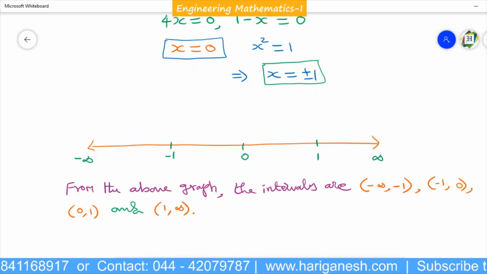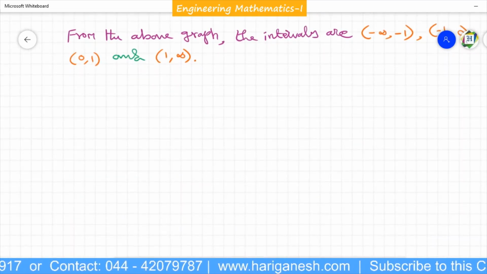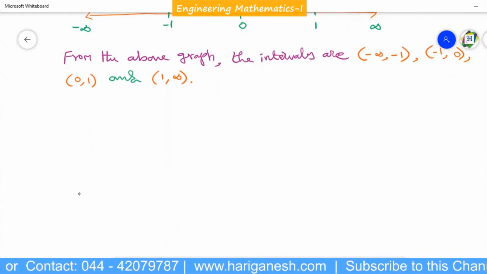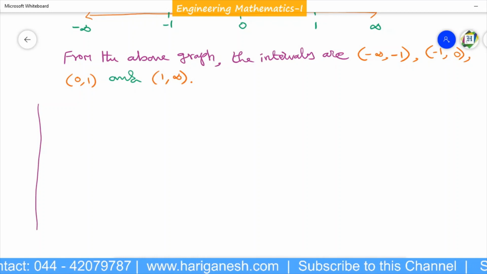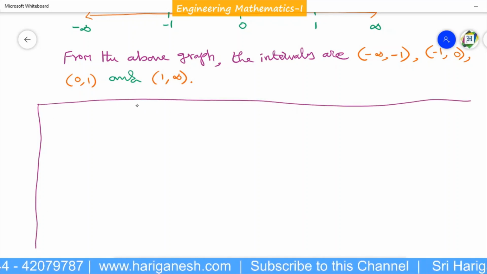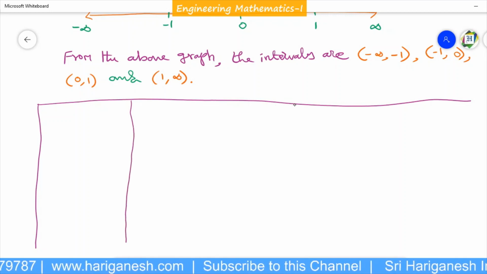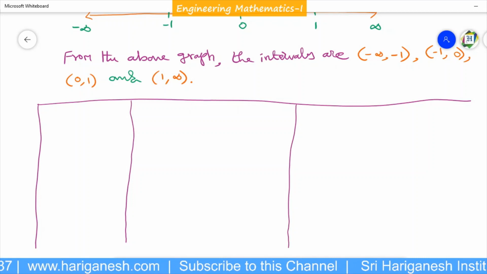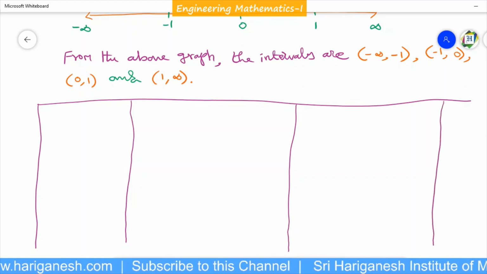Okay, now to discuss the increasing and decreasing, I want to form a table. So now I am going to form a table. First column intervals, second column f dash of x, third column conclusion.